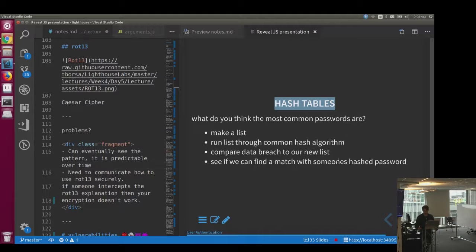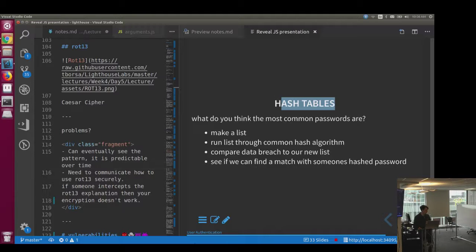Hash tables. Hash tables are like rainbow tables, I think they're sometimes called. The idea of a hash table is you make a list of the most common passwords out there, and then you run it through a hashing algorithm. Hashing algorithms are, again, pretty available.